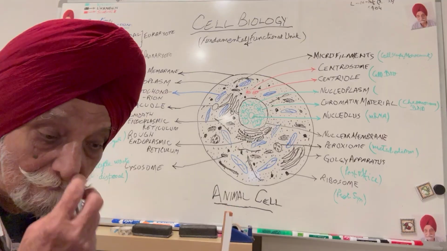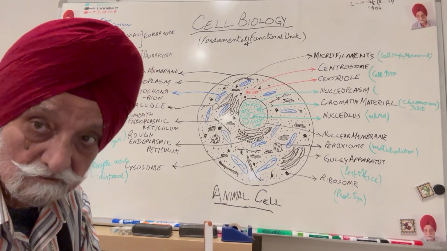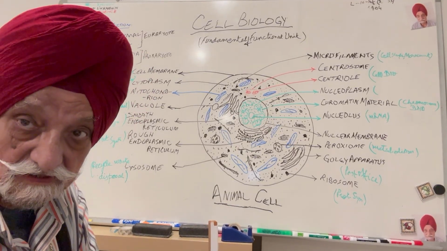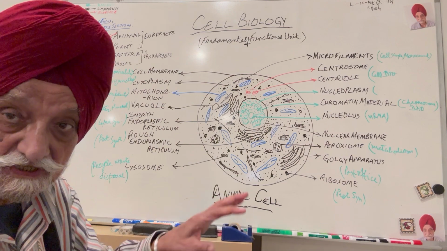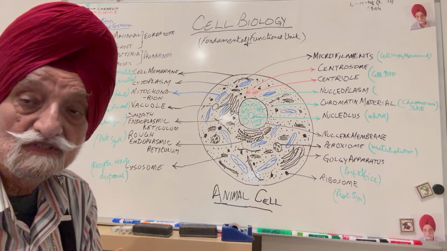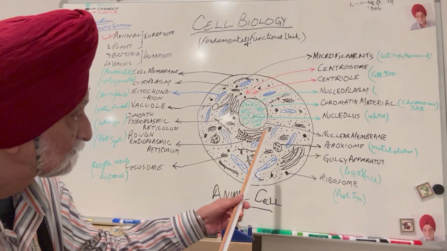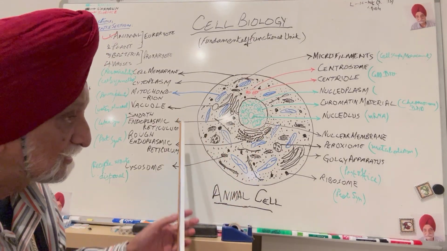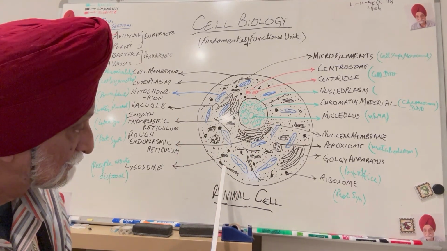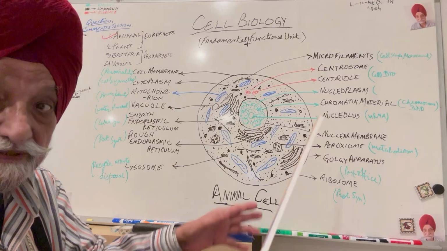Now, the cytoplasm and these cell organelles, all this is enclosed within the cell membrane. All this is separate from all the fluids around the cell membrane and the other cells.